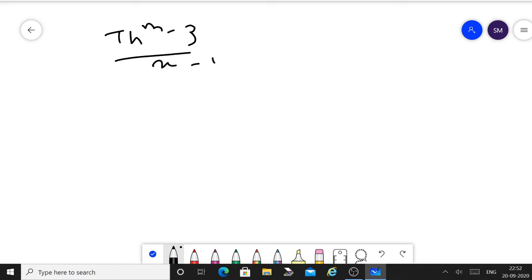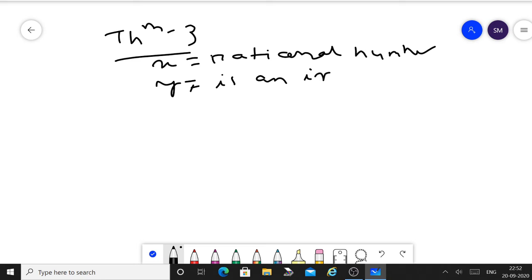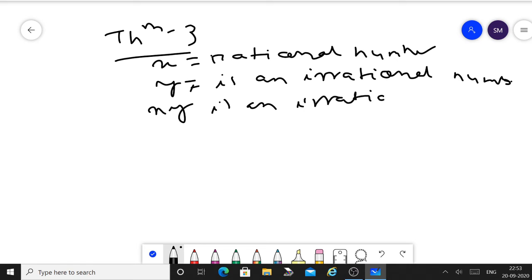Suppose x is a rational number and y is an irrational number. Then their product xy is an irrational number. Theorem 3.